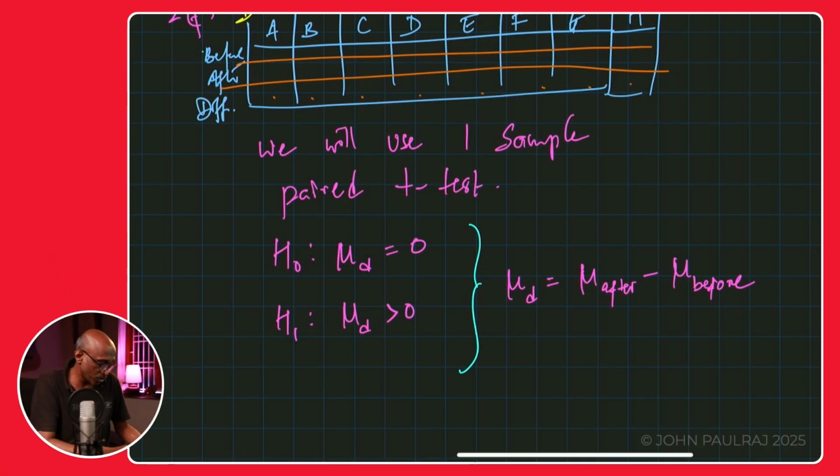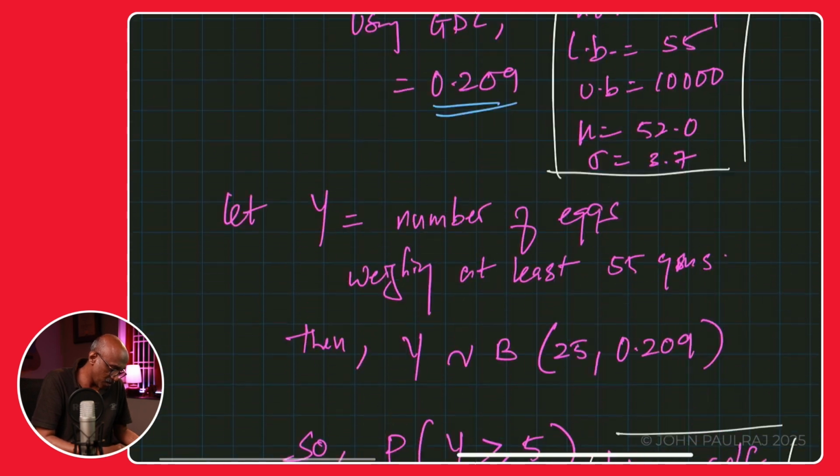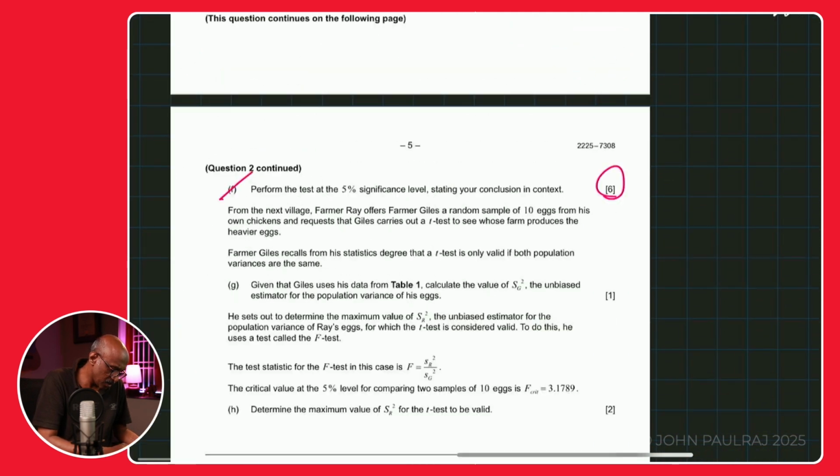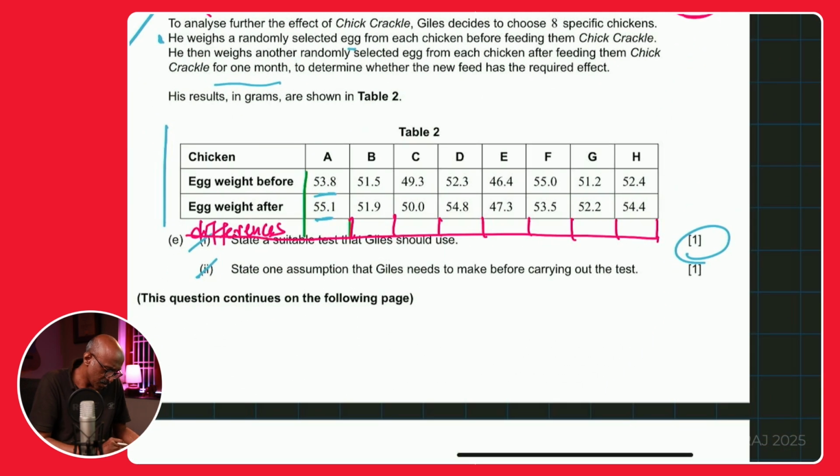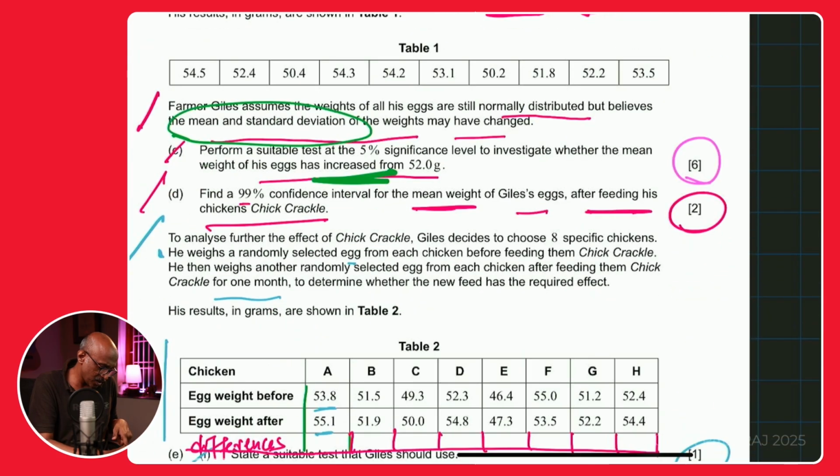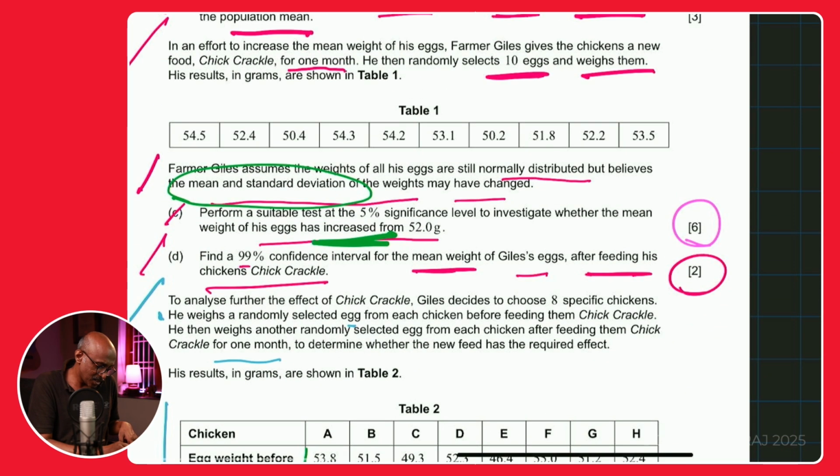In this particular table 2, there's a before and after. I'm going to enter it as list 2 and list 3, but be careful what you name them. If you're using the TZ1 Inspire, you've got to choose the correct list. The list 1 that I showed you earlier was referring to table 1, the randomly selected 10 eggs, okay?